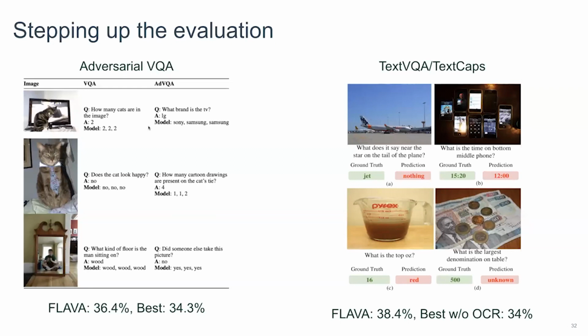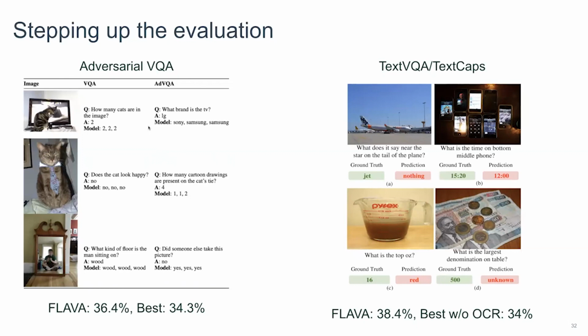Finally, there is a missing component even in DALL-E like models: they are not able to understand the text inside the images. For example, just see the question: what does it say near the star on the tail of the plane? These models are not able to understand the text written inside the images. If you ask DALL-E to generate certain sentences or text in an image, it basically creates a clutter.